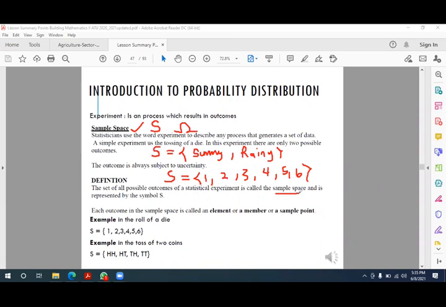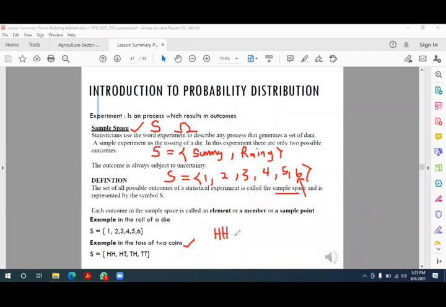Very good. So we are saying that the set of all possible outcomes is referred to as the sample space, and each element or member in the sample space is referred to as an element, a member, or a sample point of the sample space. Another experiment is the toss of two coins, like we are seeing here in this example. If we toss two coins, then the first coin could be a head and the second a head.